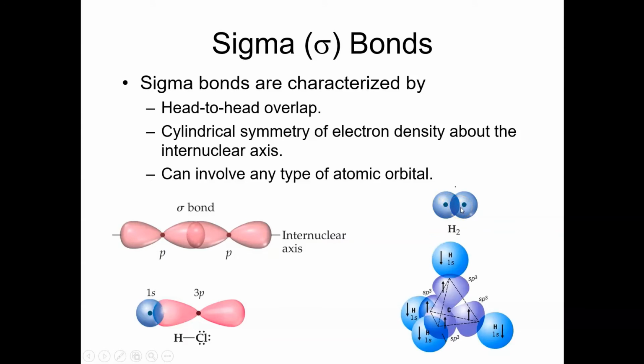Or we can have overlap between hybrid orbitals and unhybridized orbitals. So here in methane, each one of these bonds consists of an overlap between an sp3 orbital of carbon and an s orbital of hydrogen. As long as the overlap is on an axis between the 2 nuclei, it's end-to-end overlap. That is a sigma bond.